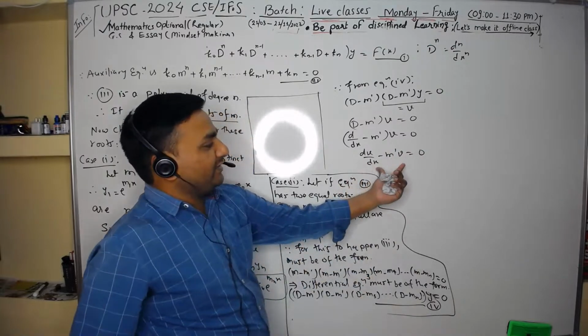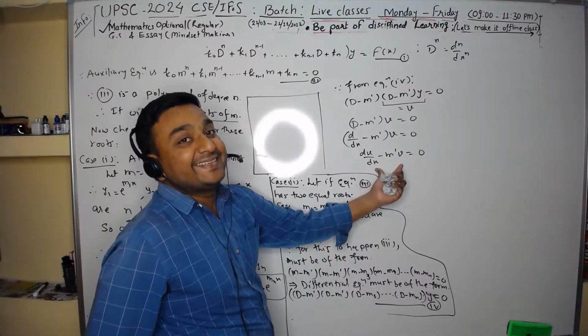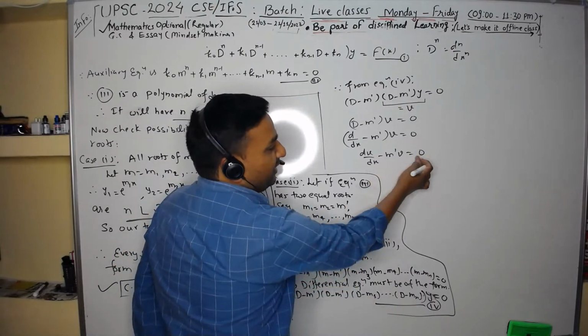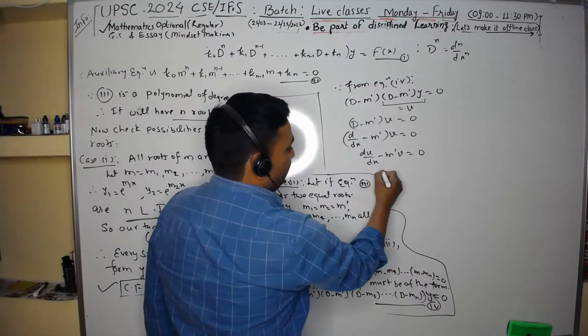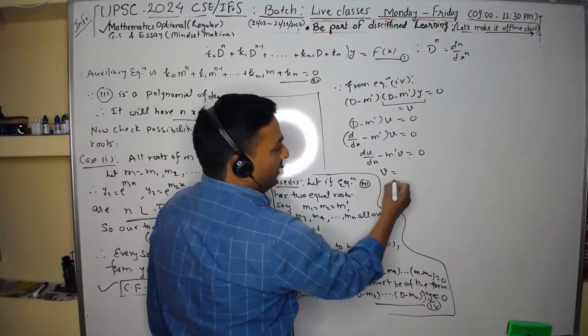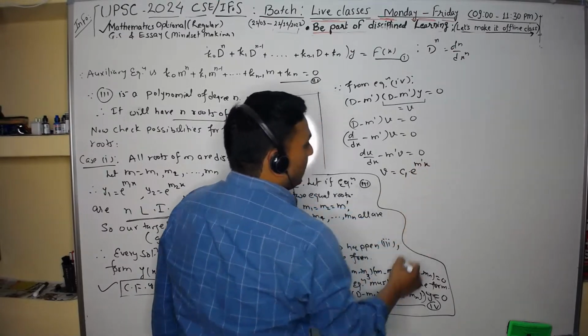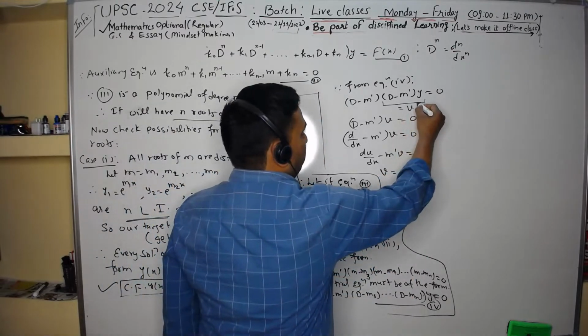Please tell me, what is the solution of this? Tell me. It is of the dy over dx plus py equals 0 form. So from here what do you get for v? c1 e raised to the power m dash x. But what did you take v as?